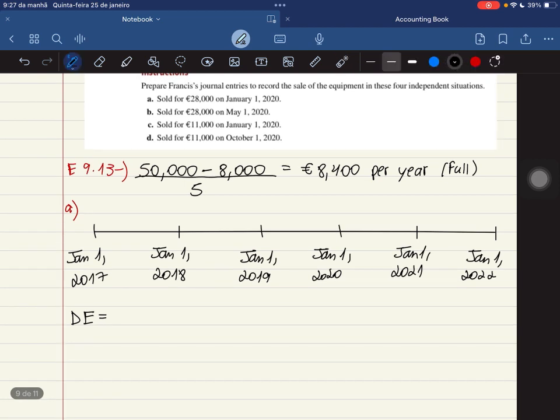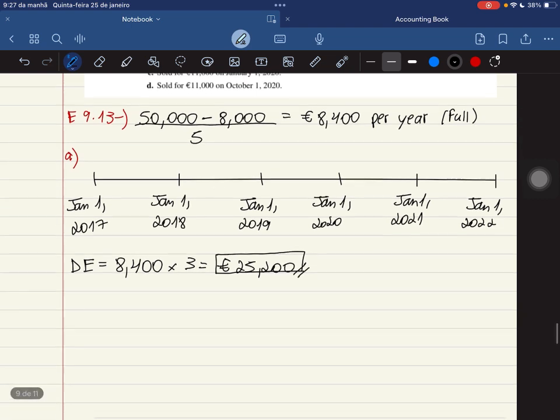So the depreciation expense is just going to be 8,400 times 3. That is 25,200. This is my accumulated depreciation.